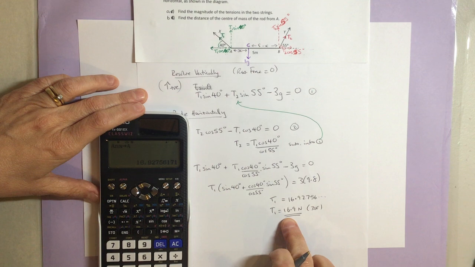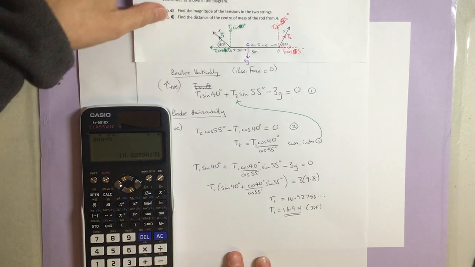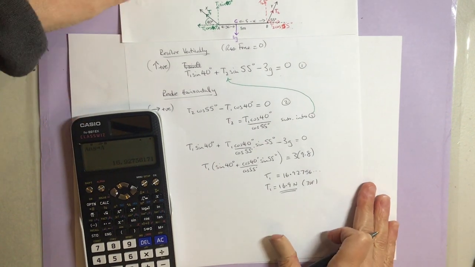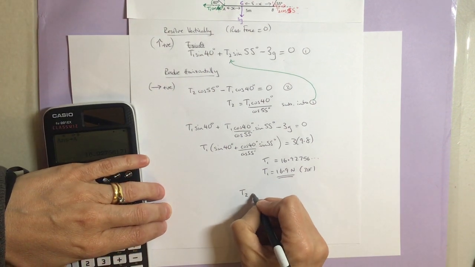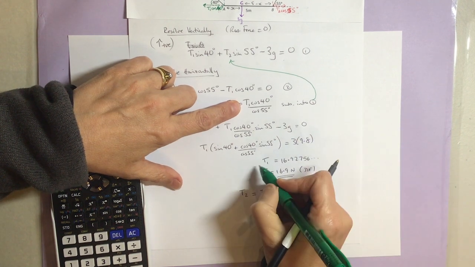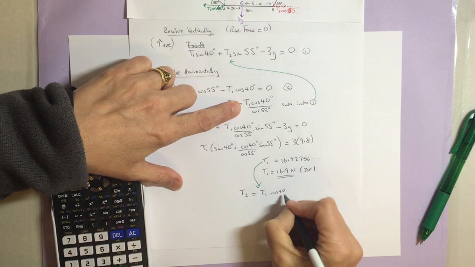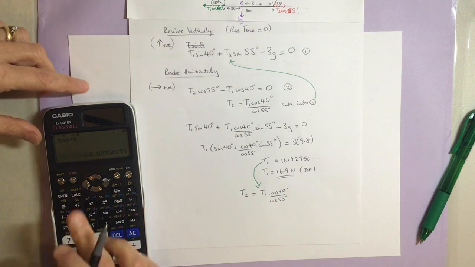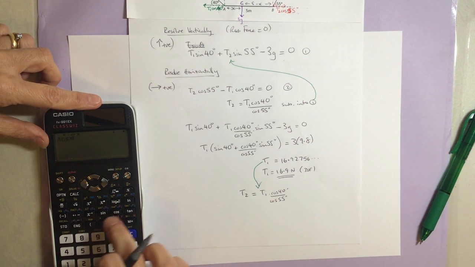I'm going to use that to find out what T2 is by substituting back in to this here. So let's just move this up so we can see. Okay, so T2 is going to be equal to this thing, T1, which I'm going to substitute in from there, times cos 40 over cos 55. So that's going to be this answer times cos 40.